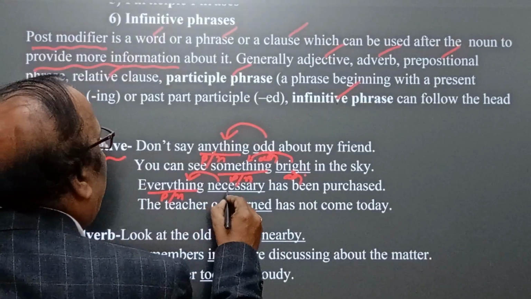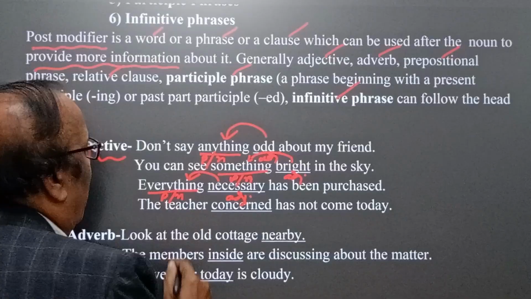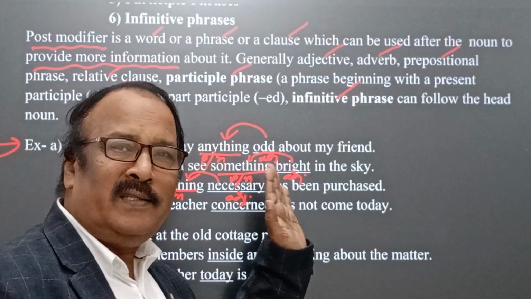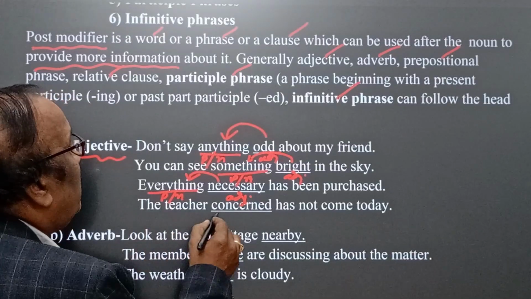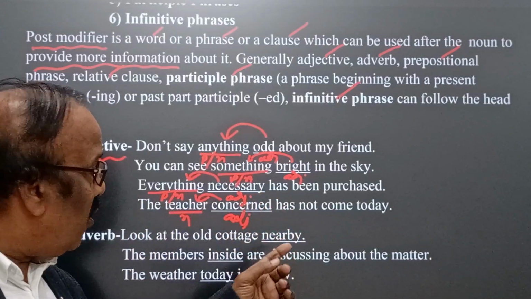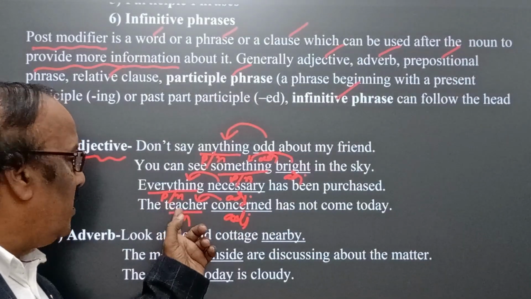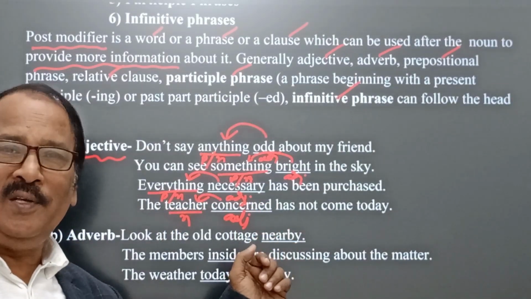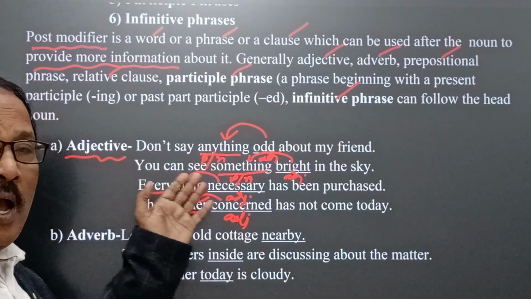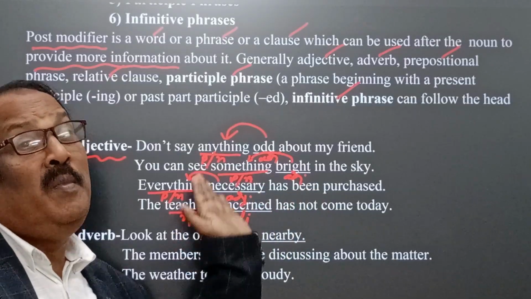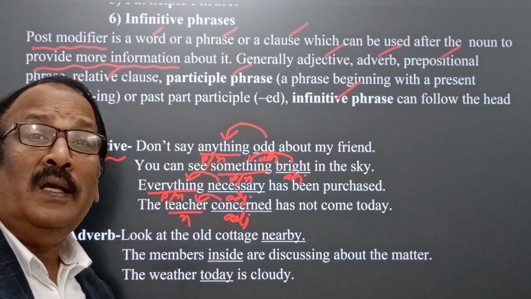Here, necessary is an adjective, and that adjective qualifies everything. Everything necessary has been possessed. Similarly, the teacher concerned has not come today. Here, concerned is the adjective qualifying teacher, remaining after teacher. This is the way we express an adjective as the post determiner remaining after the noun or pronoun.